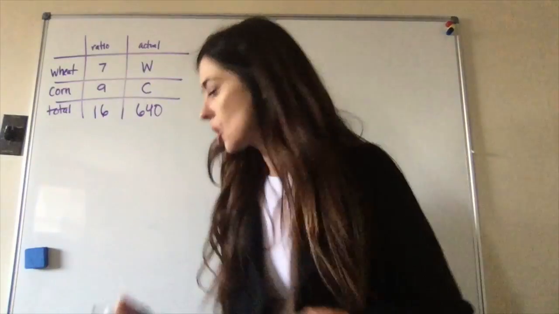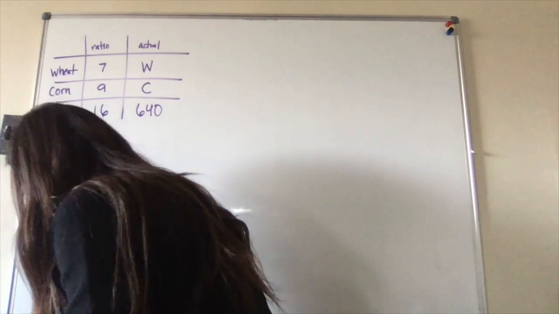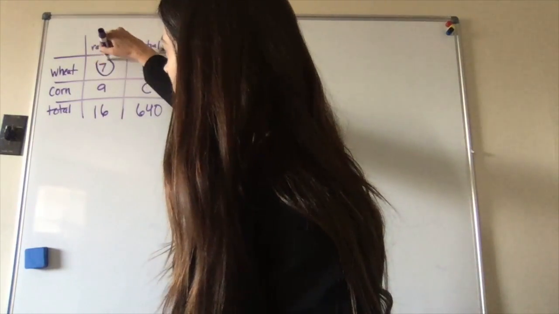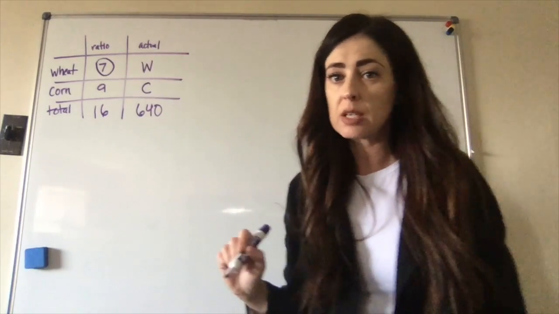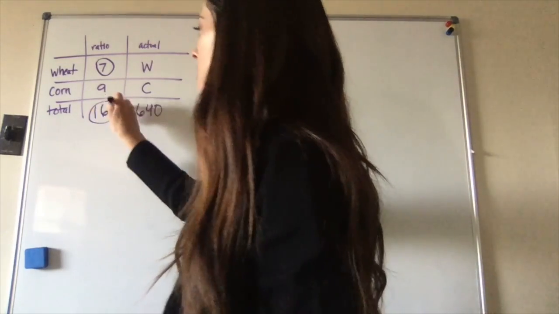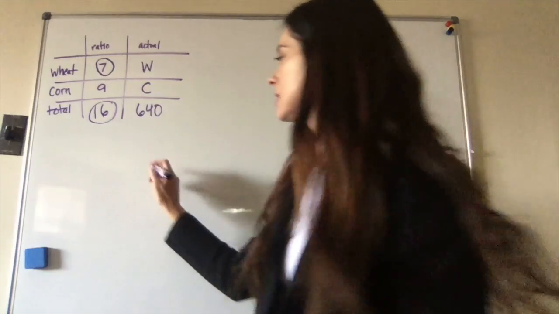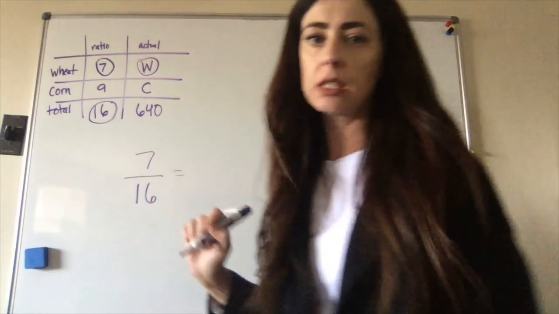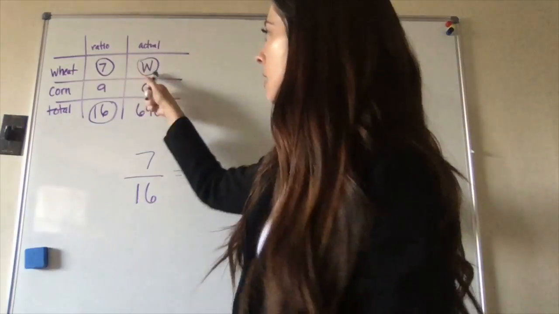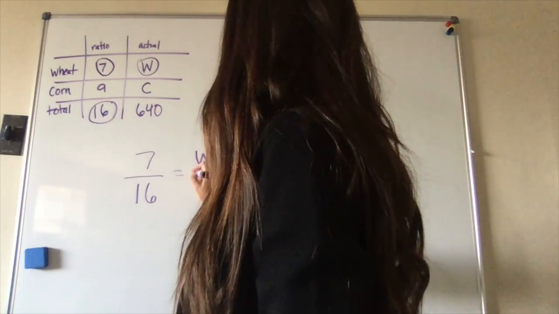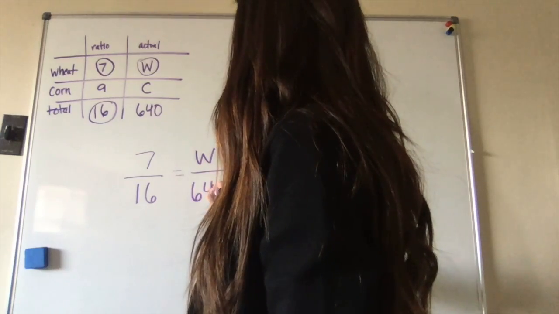All right, so the question then asks, how many should he plant in wheat? So the numerator for our fraction is going to be 7, and the denominator is going to be 16, okay? So we're going to have 7 of the total 16 should be wheat. Do we know how many actual wheat? No. So that's going to be across from the 7, and we know the total acreage is 640.